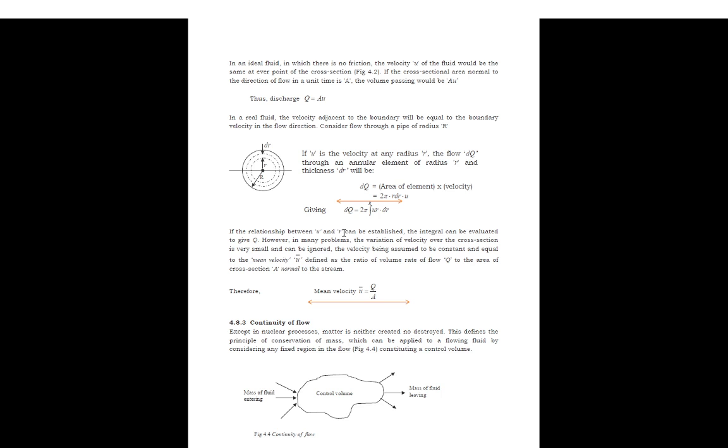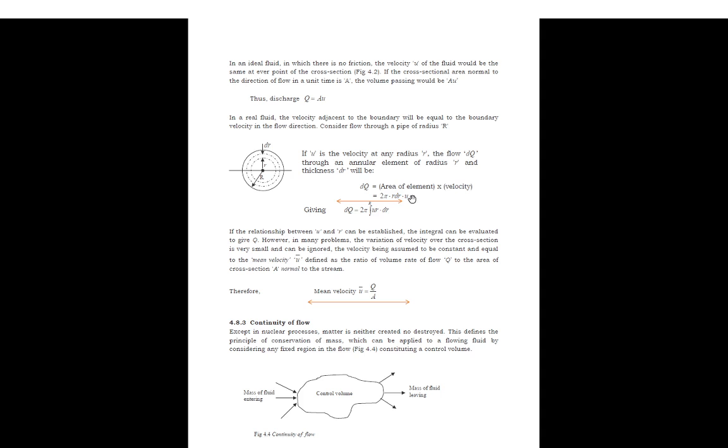And that mean velocity is what we're trying to describe here, is that if we had a pipe and we assume that there is a small strip which we're calling dr, and it is at a radius of r from the center, and then the maximum radius of the pipe is R, and we do a differentiation by saying that the discharge is given by area times velocity, or cross-sectional area times velocity. So the area of the element times velocity.